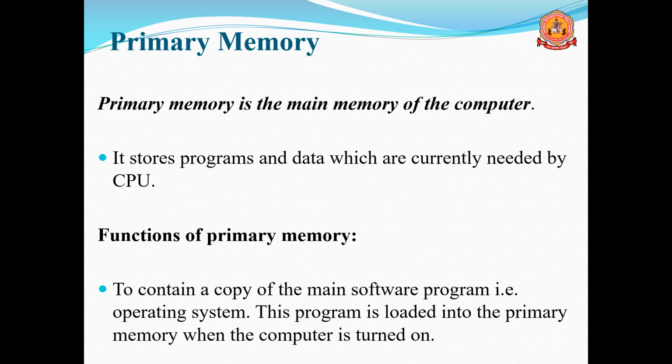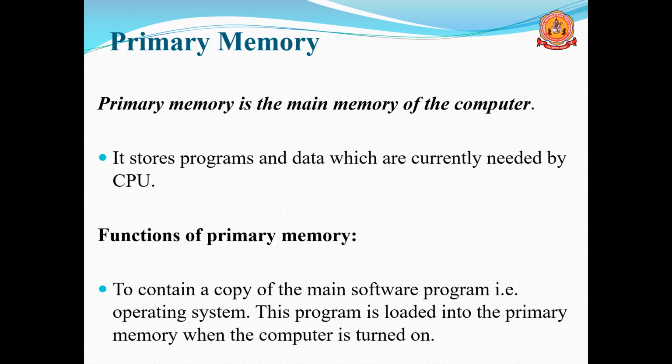Primary memory has different types of functions. The first one is to contain a copy of the main software program. Whenever any software is executing in the CPU, a copy of that software is stored in primary memory.